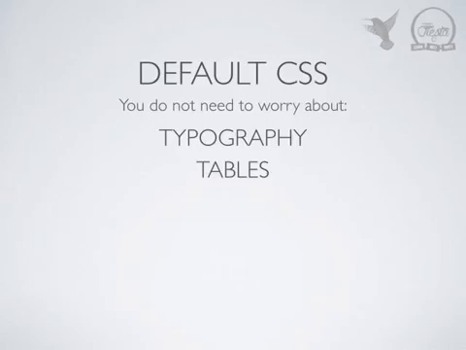Tables. By default, all the tables are styled. You just need to additionally specify a class attribute with a table value on a table, and it's going to work right away. There are a lot of different table styles you can choose from, and once again, since there's a lot of stuff, I'm not going into much detail over there.